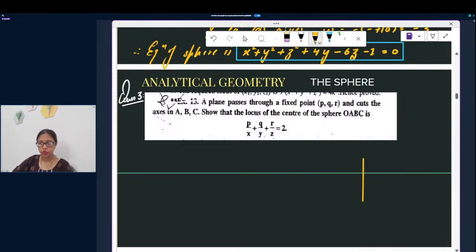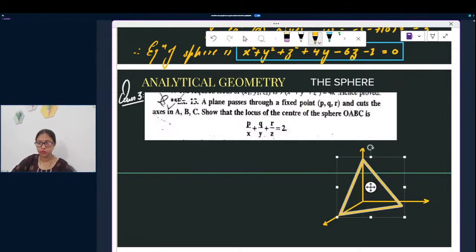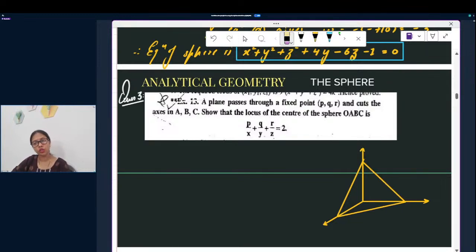There is a plane which passes through a fixed point. Okay, so what is unique about this plane is only that it passes through the point PQR.